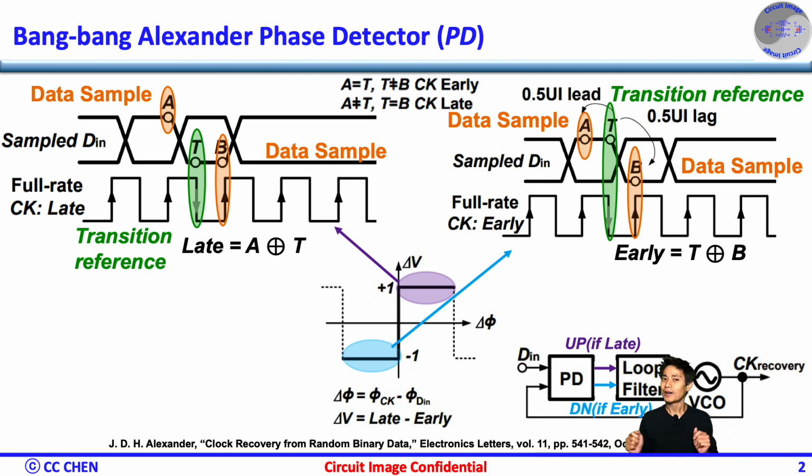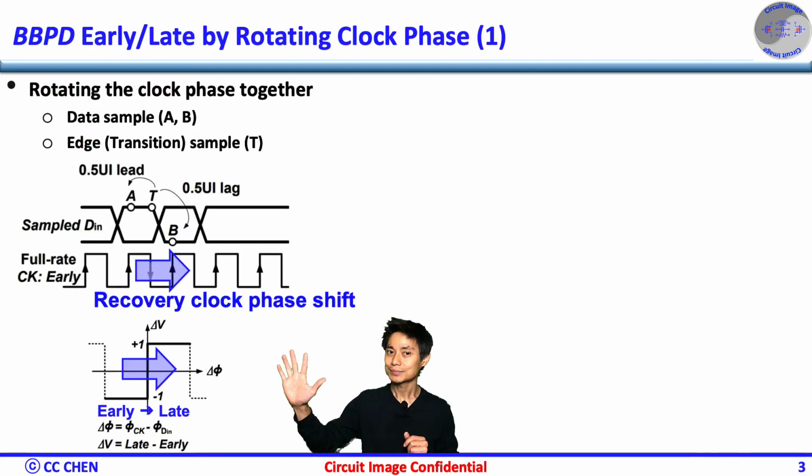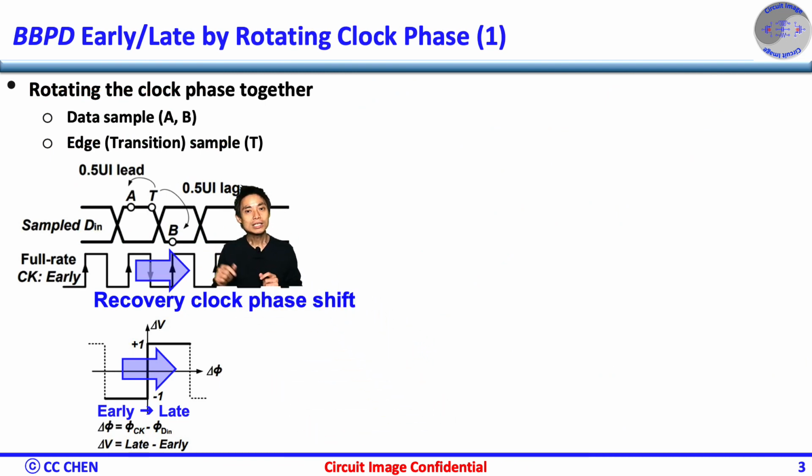How do we verify the bang-bang PD efficiently? Think about the images of early-late and clock rotations for 5 seconds. Correct. We just need to move the phases of the sampling clock together.